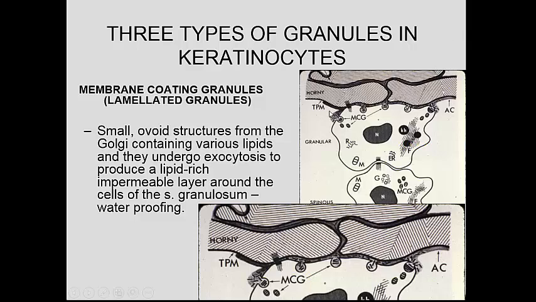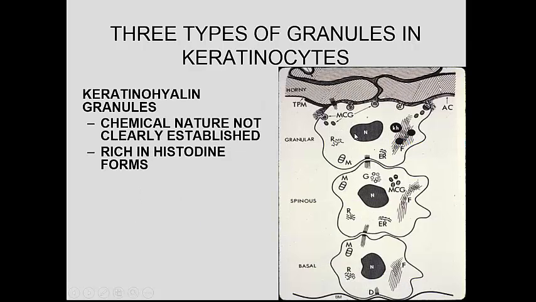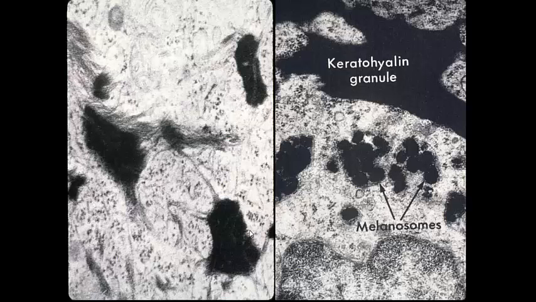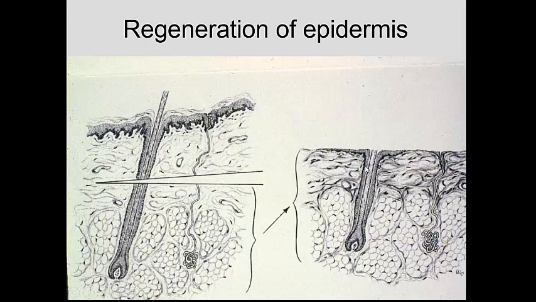And you don't have leakage because of the sealing between adjacent cells. The keratin is insoluble, with a lot of disulfide bonds, which makes it very, very insoluble. So you can see the keratin granules and the melanosomes.